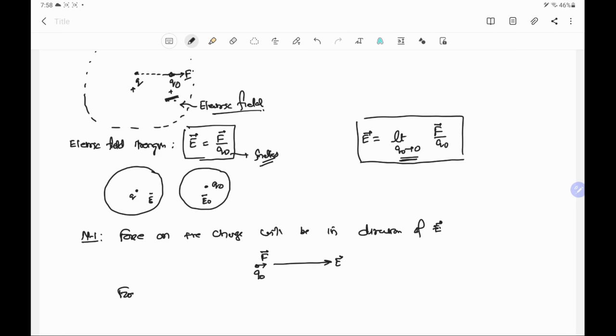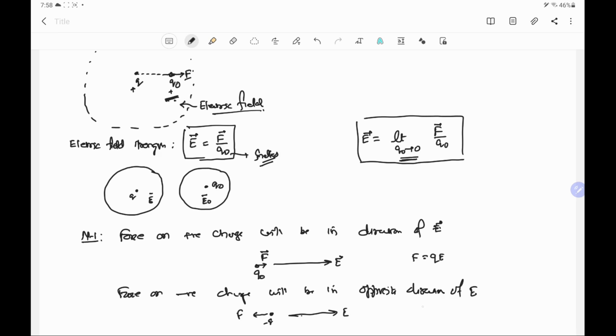And force on negative charge will be in the opposite direction of E. That means if E is in this direction and charge Q is of negative sign, then it will experience a force in the opposite direction. Magnitude of the force will be QE. And here also the magnitude of force will be Q0 E, because we have taken charge Q0.